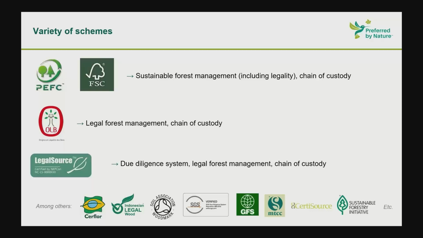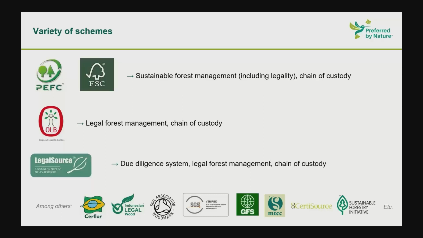So the main ones are PEFC and FSC, which are aimed at certifying sustainable forest management that includes legality and implementing chain of custody from forest to the consumer. You can also look at others which are more focused on legal forest management, and chain of custody, so that's the case of OLB.